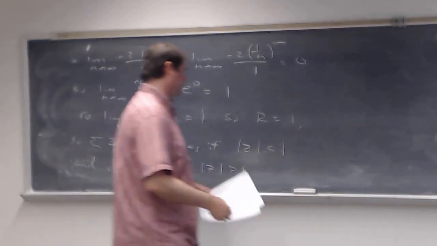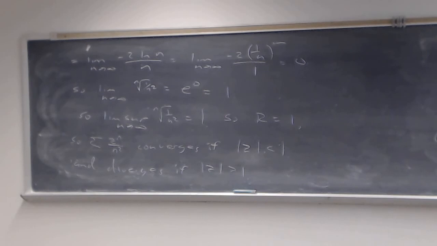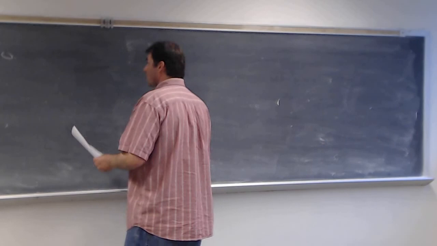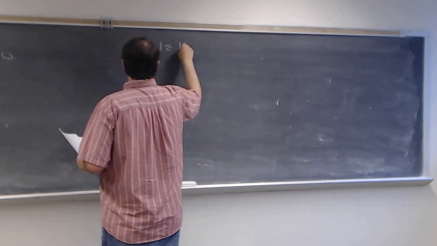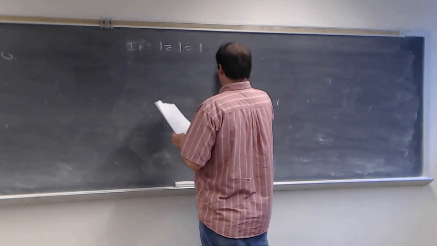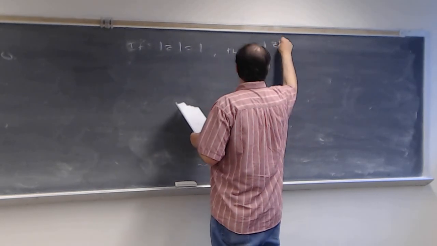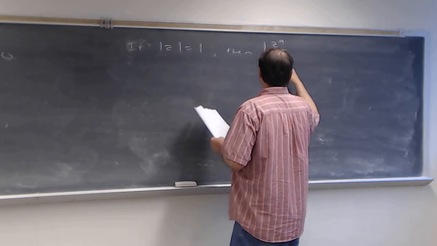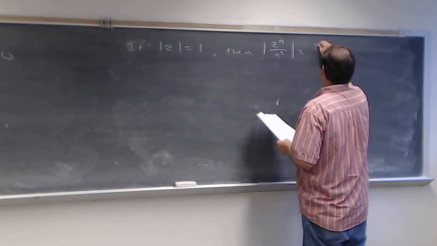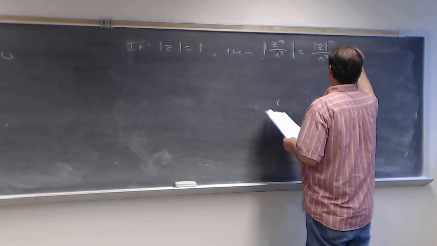And so now we're going to address the question, what happens if the norm of z is equal to 1? So if the norm of z equals 1, then when we look at z raised to n over n squared, that's going to be equal to the norm of z raised to n over n squared, which equals 1 over n squared.